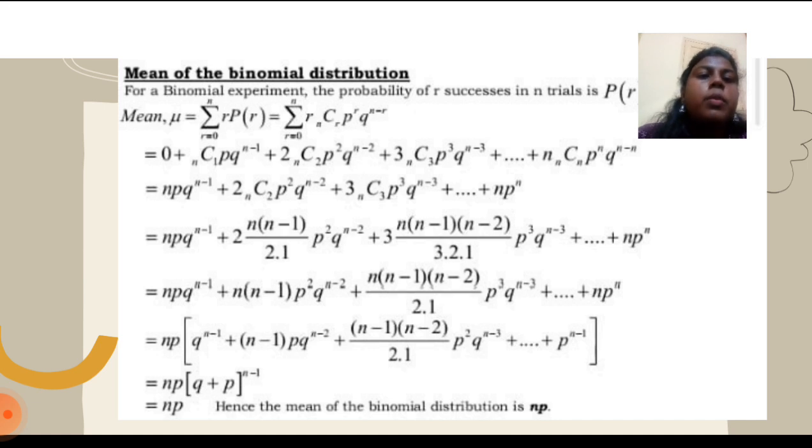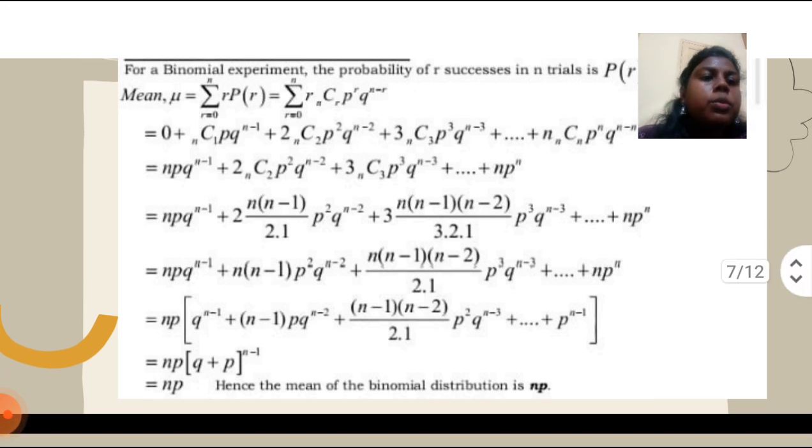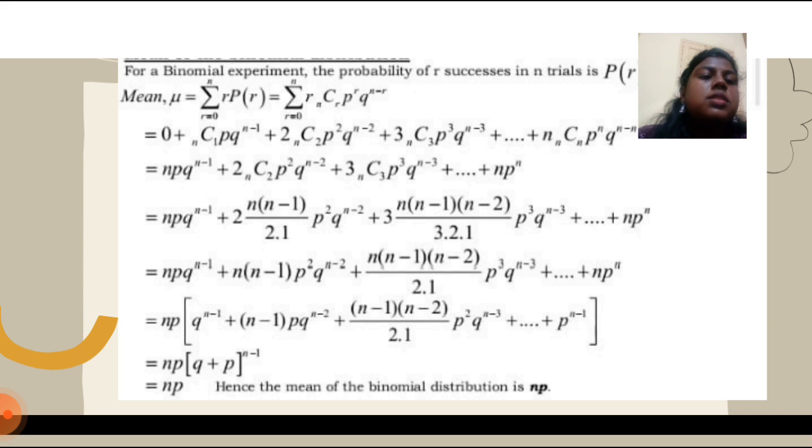So by cancelling the terms in the above equation, we get np q^(n-1) plus n into n minus 1 p^2 q^(n-2) plus n into n minus 1 into n minus 2 by 2 factorial p^3 q^(n-3), going on plus n p^n.